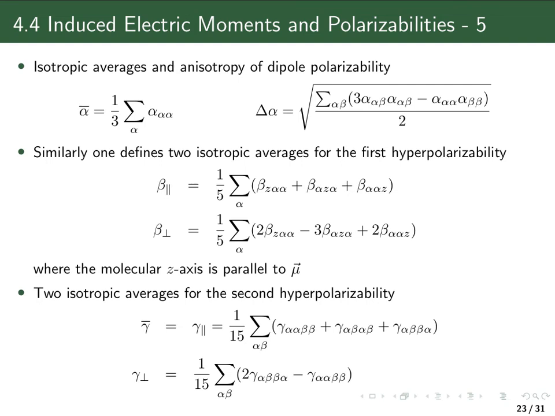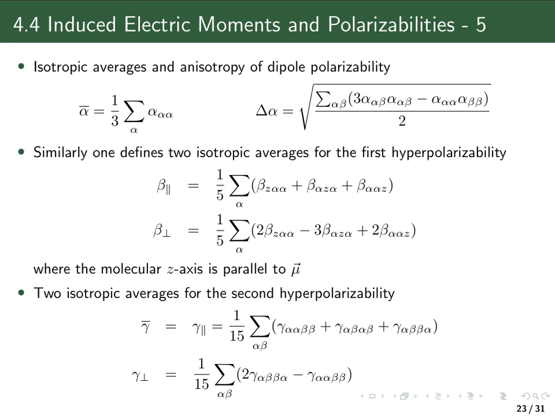Now for the first hyperpolarizability, there are two different isotropic values in the literature. One is the parallel isotropic value and one is the perpendicular isotropic value as defined here. And it's the sum of different components of the first hyperpolarizability. The Z component here is not just some arbitrary value, but the Z has to be the molecular axis which is parallel to the electric dipole moment.